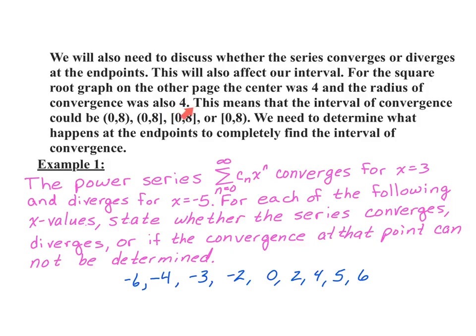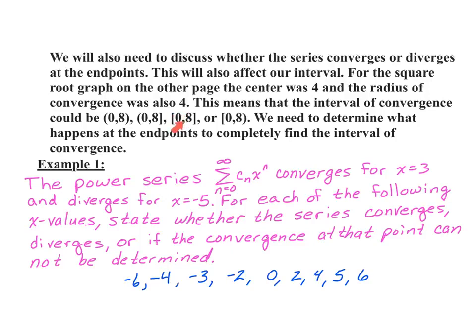This means that the interval of convergence could have been 0 to 8, which means it converges everywhere between 0 and 8, but not at 0 or 8. The interval of convergence could be like this. This means that it diverges at 0 and converges at 8.